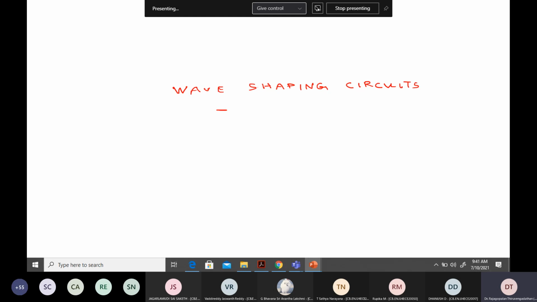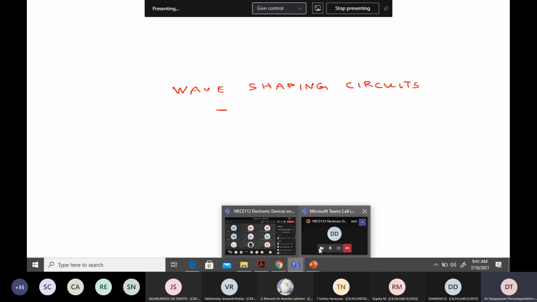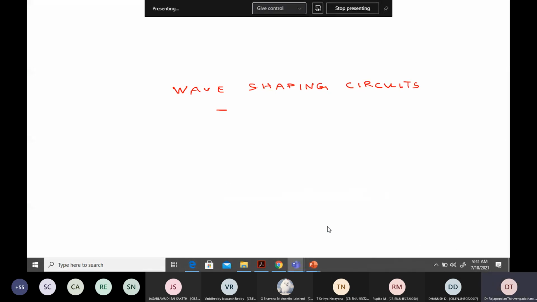I want to cut certain portion of the input signal. Okay, I want to clip certain portion of the input signal, or remove certain portion of it. Then what we do is we actually have what is called the wave shaping circuits. Okay, so that's what we do.